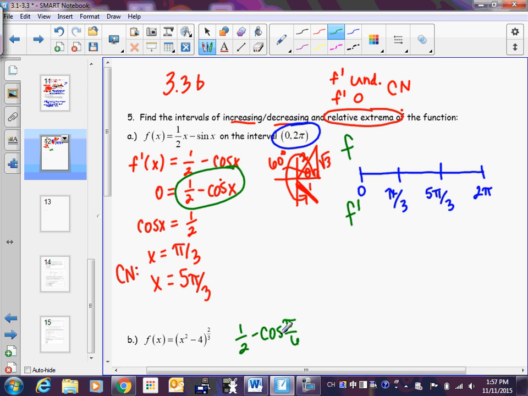What is cosine of pi/6? Radical 3 over 2. So 1 minus radical 3. Radical 3 is about 1.7. Is this result positive or negative? Negative. So f prime is negative on this interval, which means f is decreasing, and we show that by drawing a little down arrow.